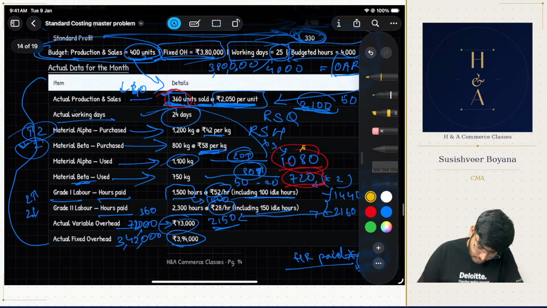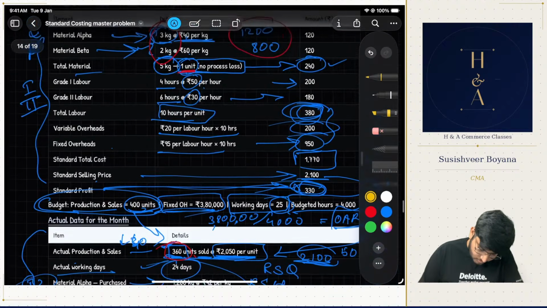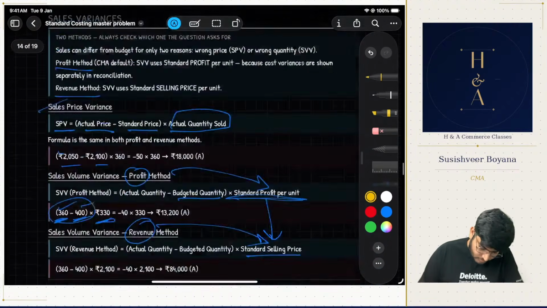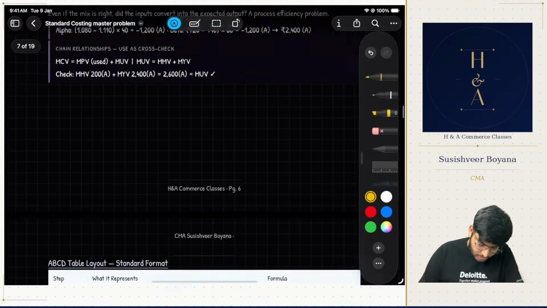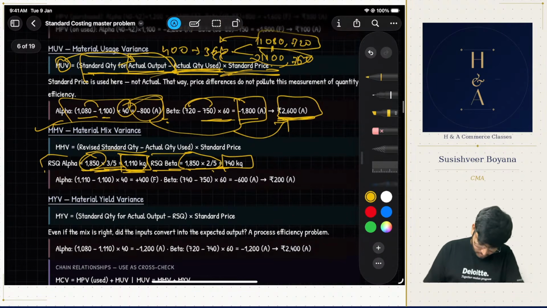This is not RSQ. Right. So once RSQ is calculated, we input that data into the formula. 1080 into 3 by 5, 1080 into 2 by 5.